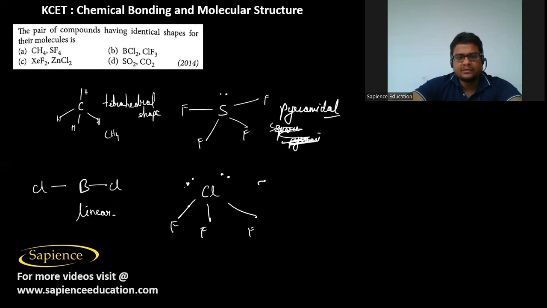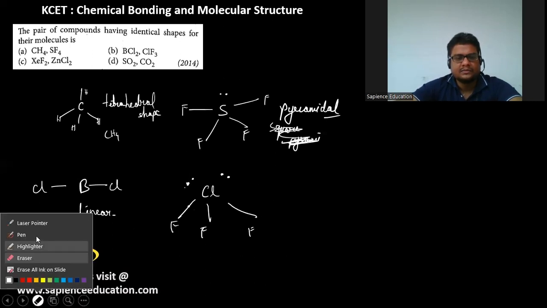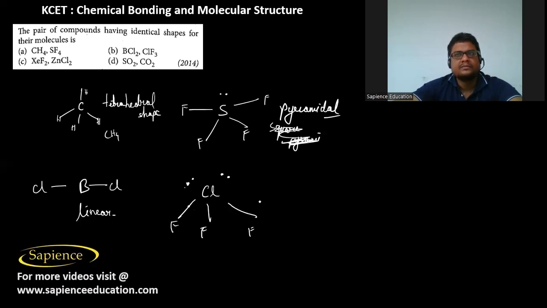So here it means one square planar shape will be formed. It is not square planar, sorry. Actually, it will form something called T shape. T shape structure will be formed.